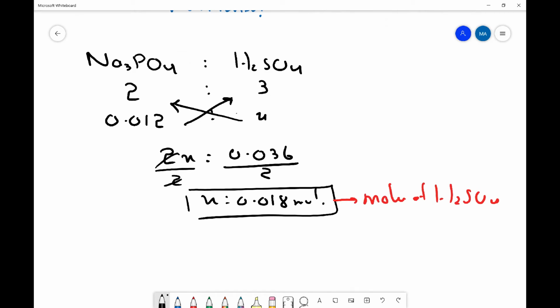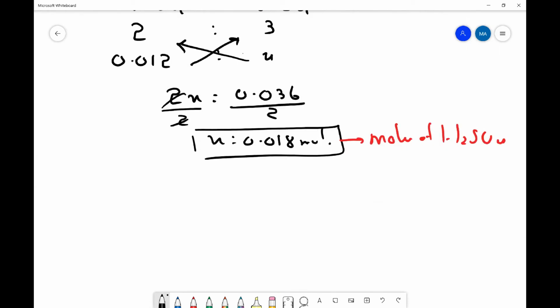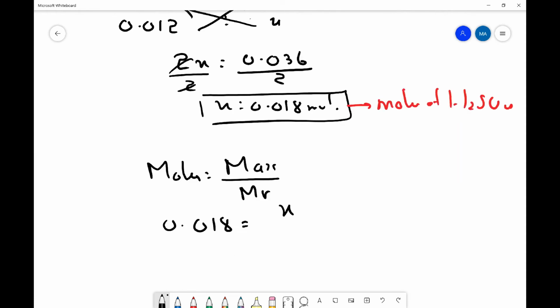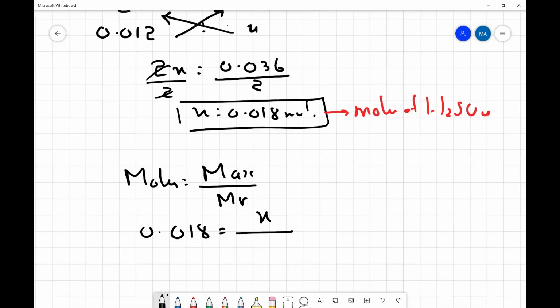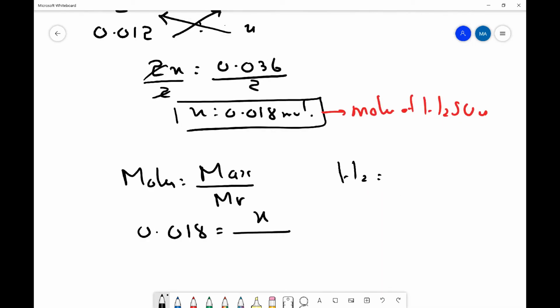We're going to use the first formula: moles is equal to mass over MR. Moles is 0.018, mass is unknown, we're going to write X. You can use the periodic table to find the MR. H2 is 1 times 2, because the mass of H is 1 and the coefficient is 2. Sulfur is 32, I guess. Oxygen is 16 times 4.